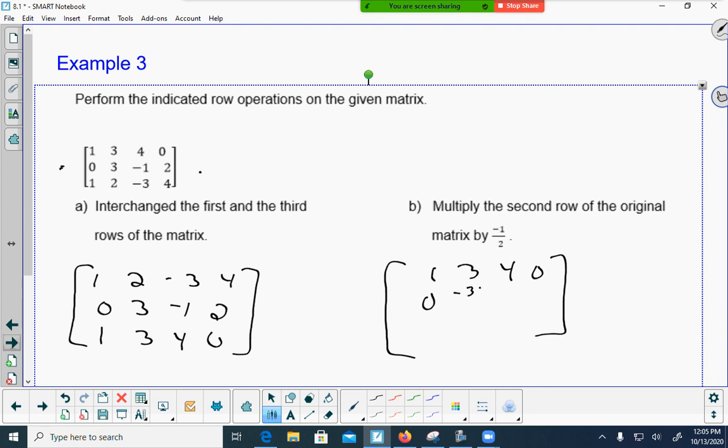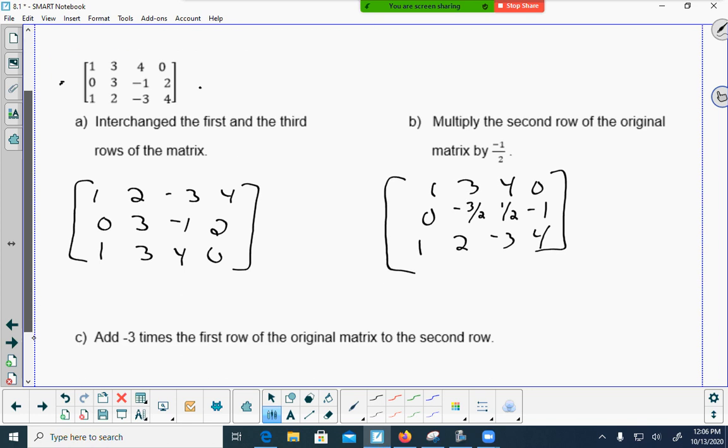I'm going to write it and you tell me if you understand what I'm doing. Okay. Keep on going. Yep. And then the third row would be? Yep.